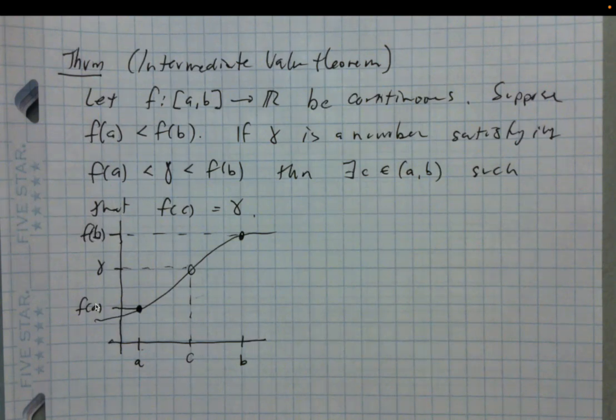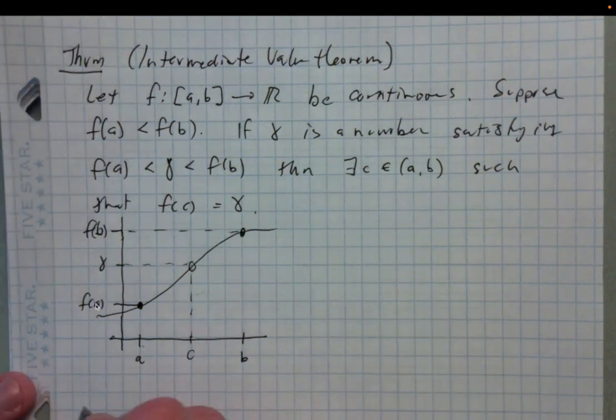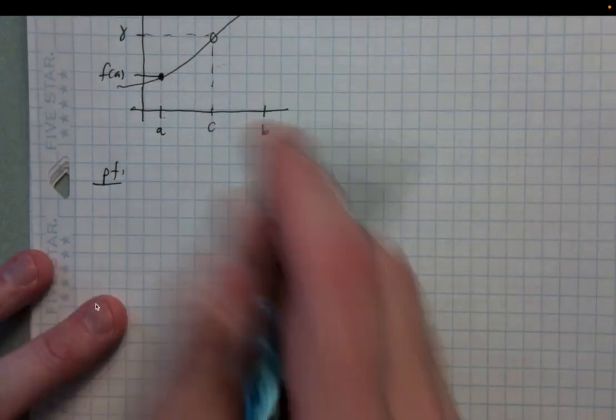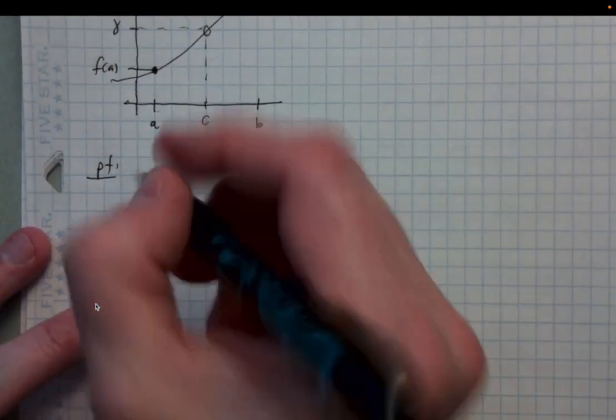So the way we're going to prove this is we're going to use our recent notions of continuity, but we're also going to use the least upper bound property. Okay, and so let's prove this. All right. So the way we're going to start is by defining a set.